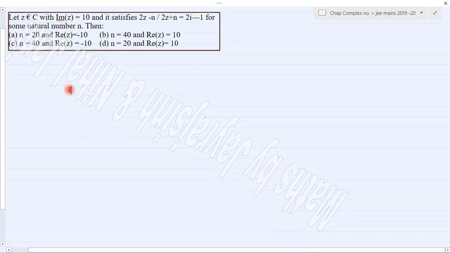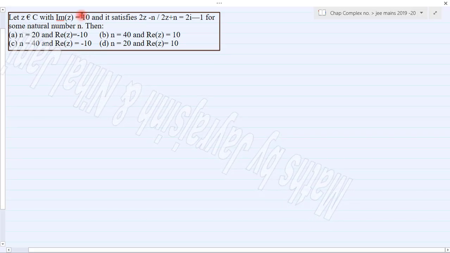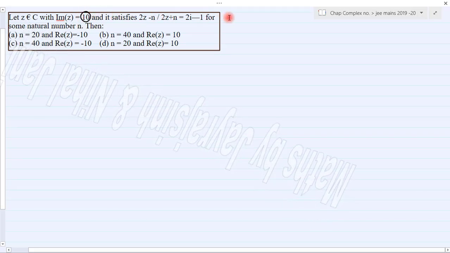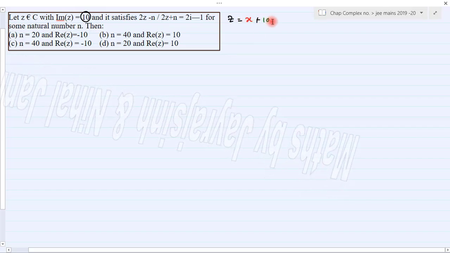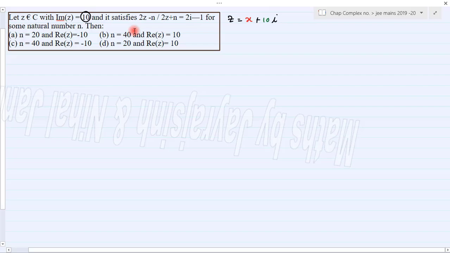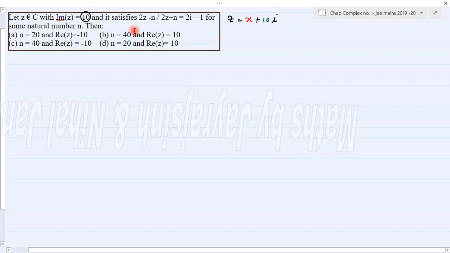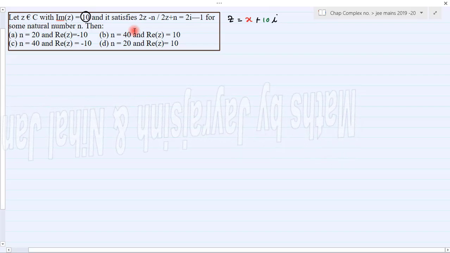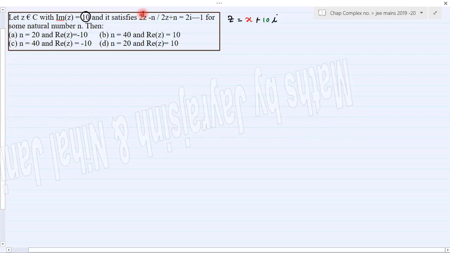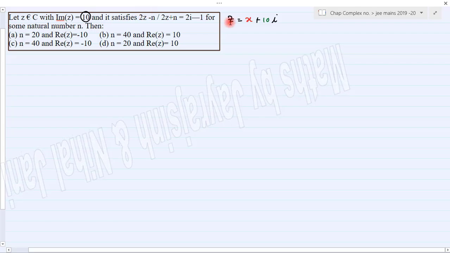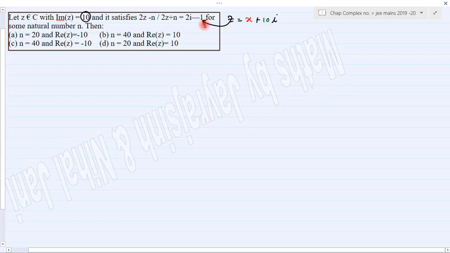Here we have one complex number z with imaginary part equal to 10. So your complex number will be x plus 10i, which satisfies 2z minus n upon 2z plus n is equal to 2i minus 1. So let's substitute the value of z in the given condition.